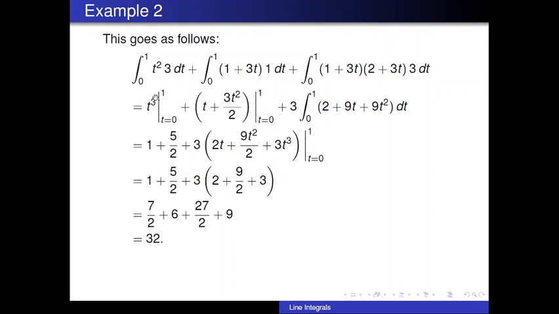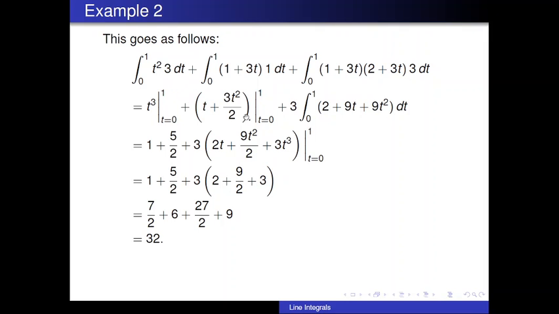So the first integral is just t cubed, right? We have 3t squared, it integrates to t cubed. And the second integral is just t plus 3/2 t squared. These are very routine. And this third one here, I'm going to yank the 3 out and then FOIL out the inside here. So we have 3 times the integral from 0 to 1 of 2 plus 9t plus 9t squared. So we'll take care of that one in the next step.